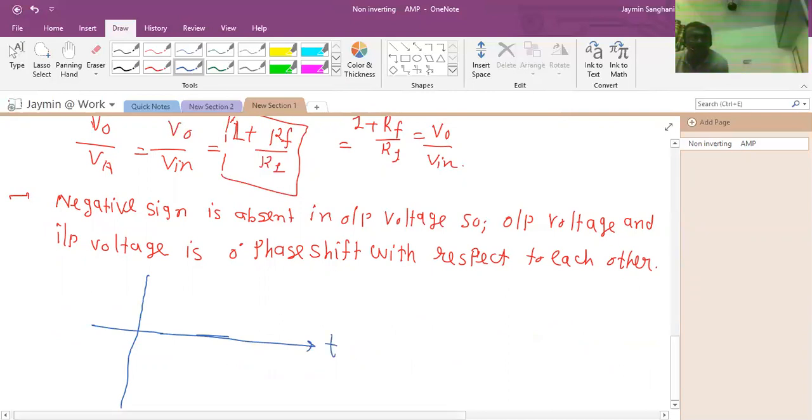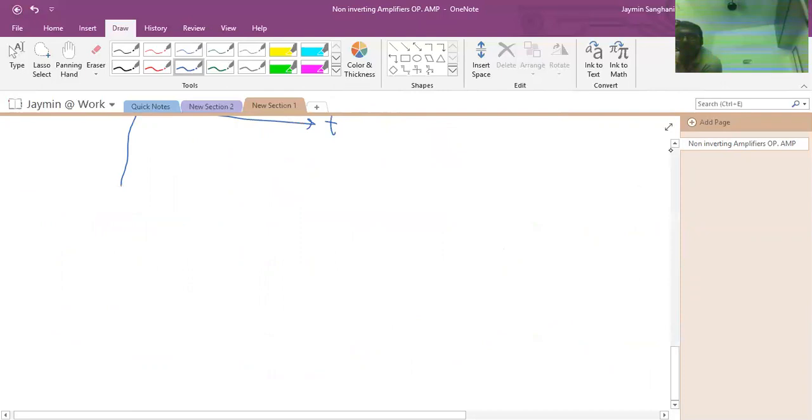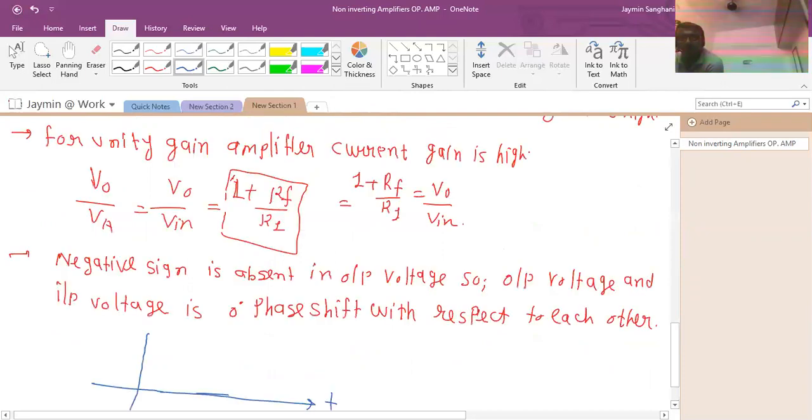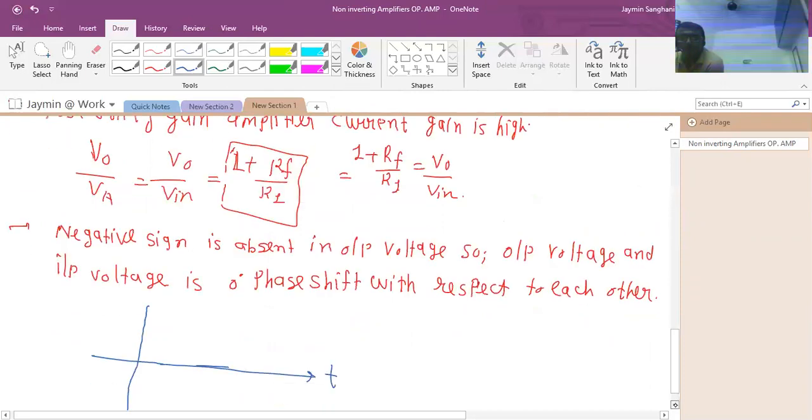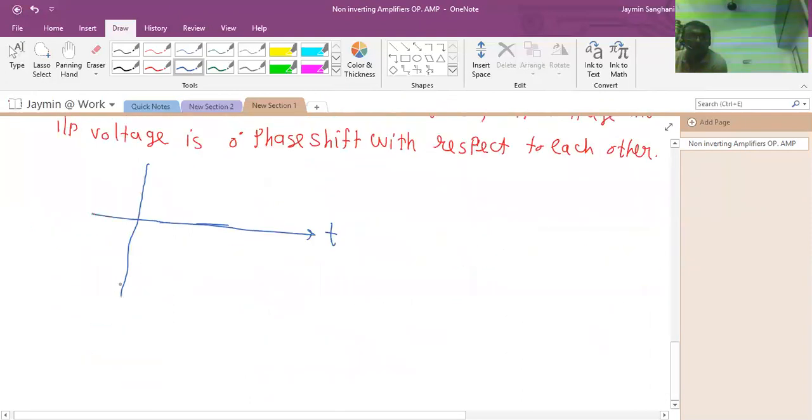Consider here the time period T, and here voltage is V in, that can be applied like an input at non-inverting terminal. It can be considered as an input which consists of microvolt.